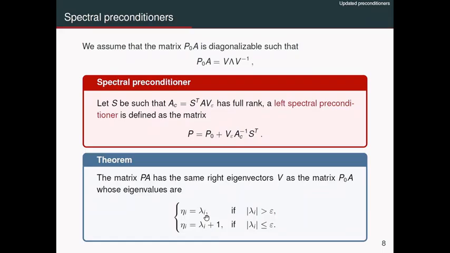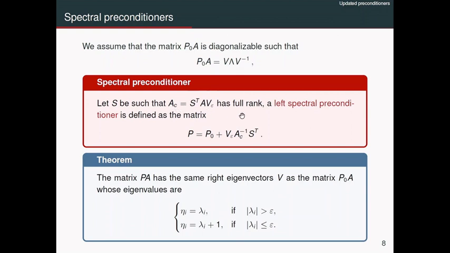Another type of preconditioner is the spectral preconditioner. Suppose that the matrix P0A is diagonalizable, such that we have this decomposition, and let S be a matrix such that AS has full rank.